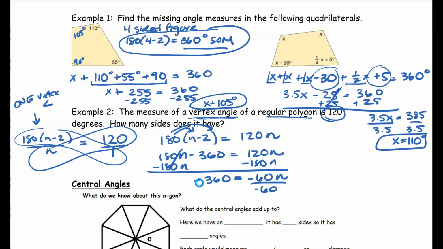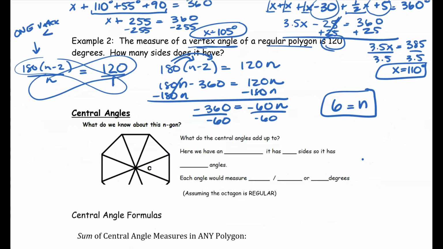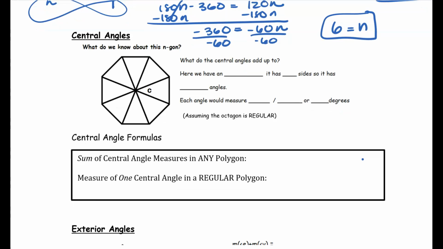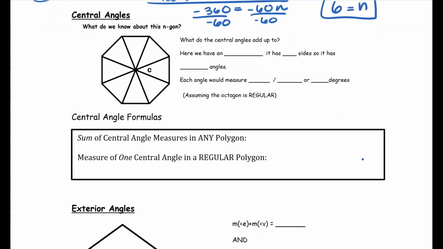Divide both sides by negative 60, and I end up getting 6, so 6 sides. And again, the nice thing about this process is that this will work for any different angle measure, and that way you can use it if you're not familiar with the angle measure given. So let's talk about some central angle formulas and some properties.